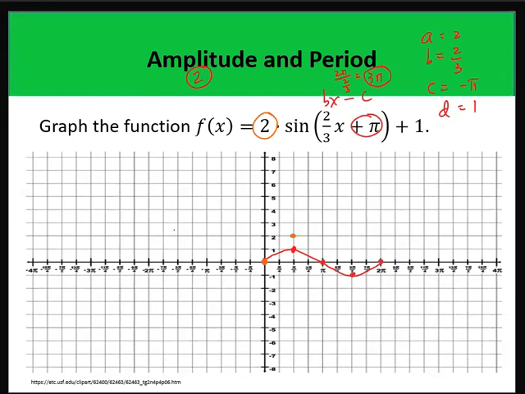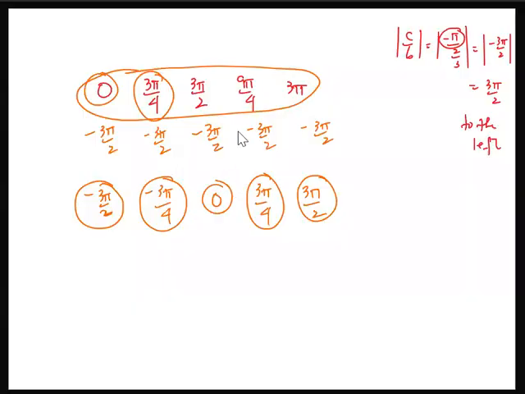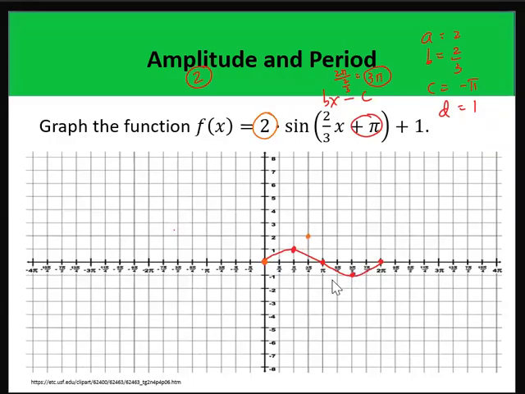I'm sorry, 3 pi over 4 is here. And then when x is equal to 3 pi over 2, there should be 0 there.